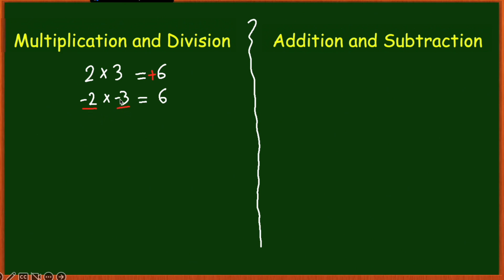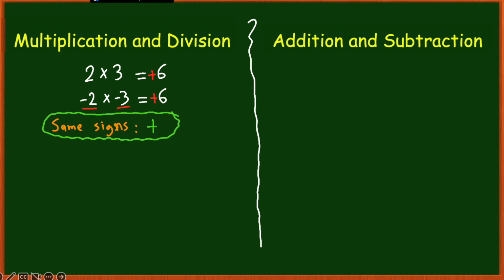They do have the same signs, so we ended up having a positive answer. And that's the first rule. What's the first rule? Whenever we have the same signs multiplied or divided by each other, the answer is always going to have a positive sign.